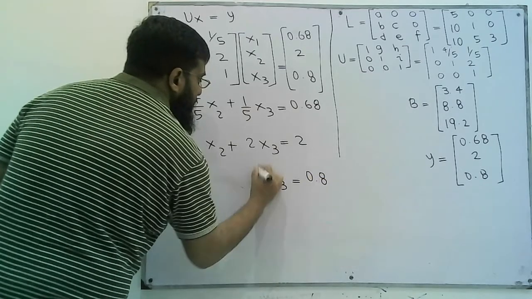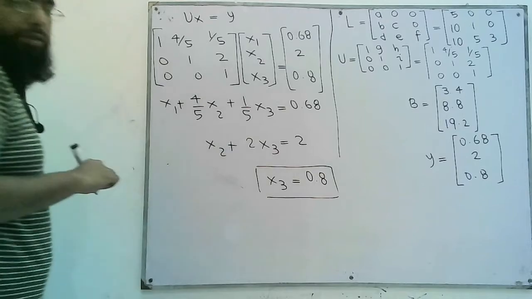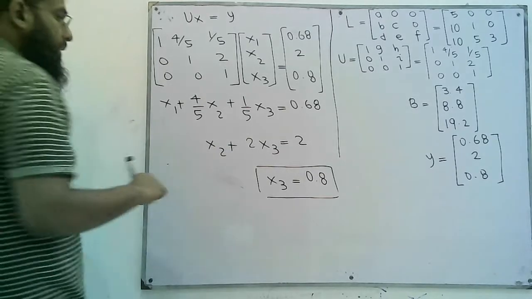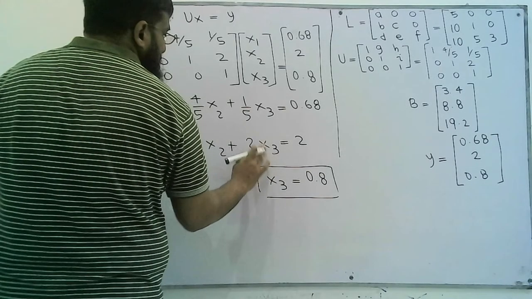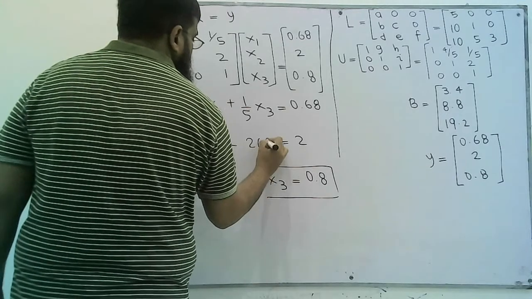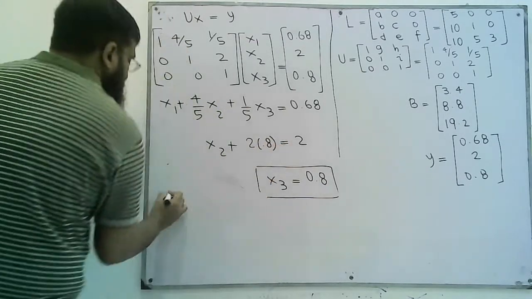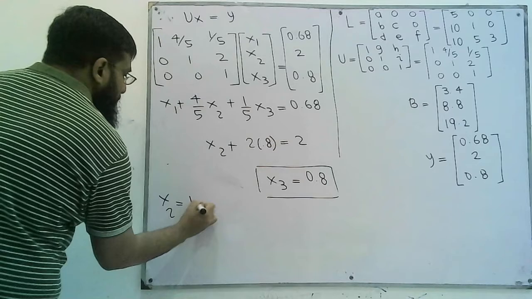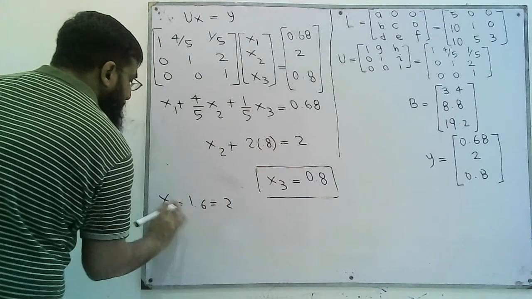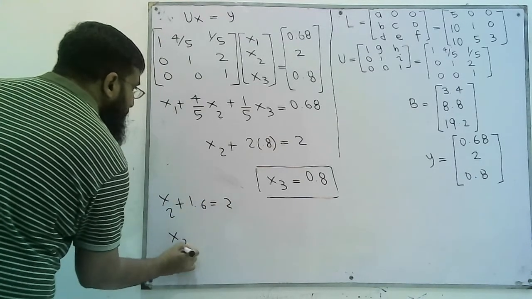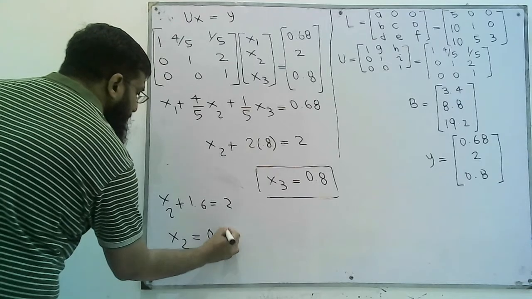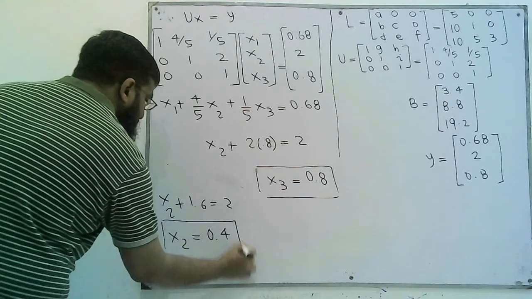So straight away, x3 is 0.8. Now we can put x3 here: x2 plus 1.6 is equal to 2. So x2 is 2 minus 1.6, which comes out to be 0.4.